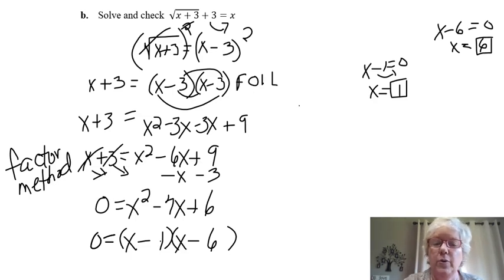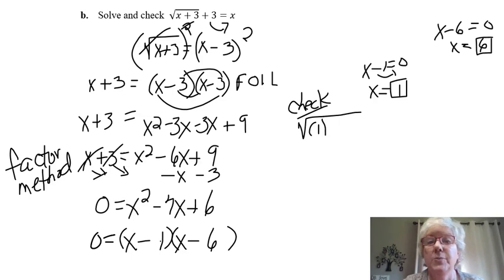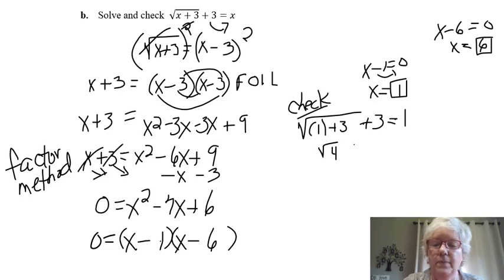So here we go with our checking process. I will take the original problem, and everywhere there's an x, I substitute in my supposed answer. So I have square root of x plus 3, and then another plus 3 is equal to x, so 1. Well, 1 plus 3 is 4.